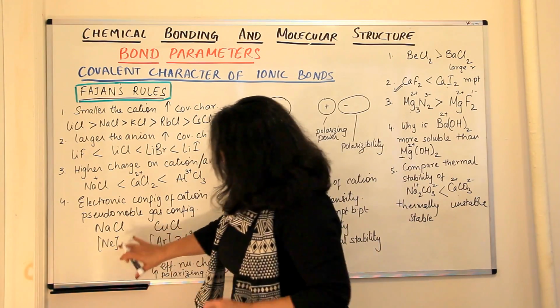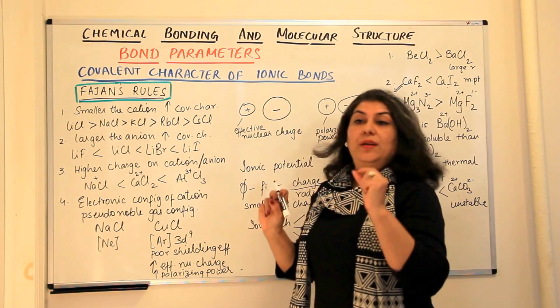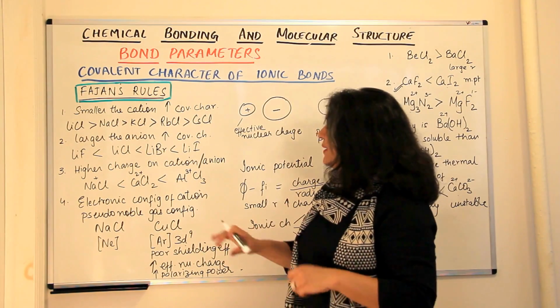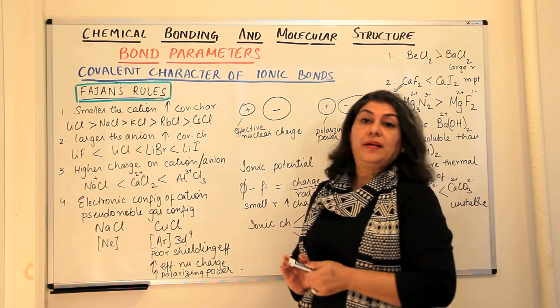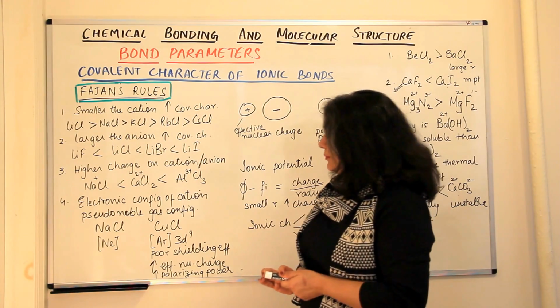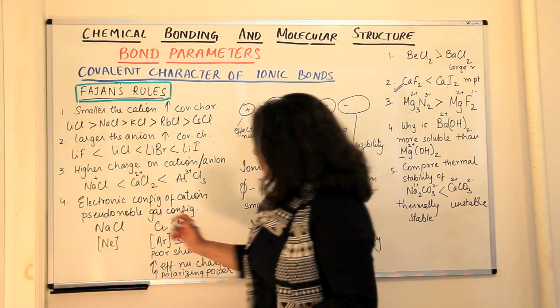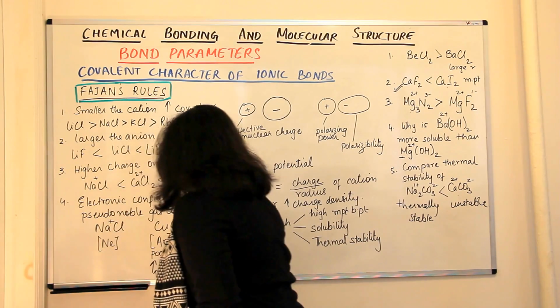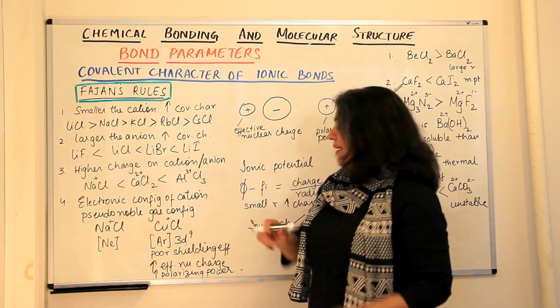I'd just like to come back to this once more to explain it because I did not explain this example. Now you have these two compounds, sodium chloride and cuprous chloride, and you're expected to compare their covalent character. Na positive has the configuration of neon, and Cu positive has the configuration of Ar 3d10.